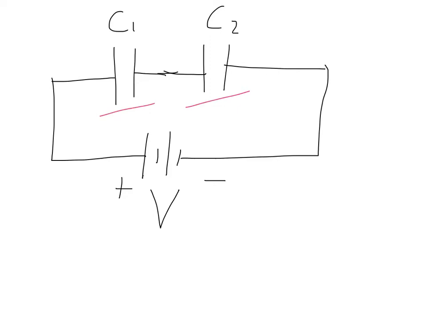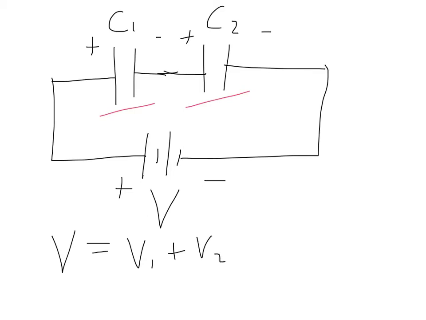So what I can say is that V total, or the source voltage, is equal to V1, it's the voltage across capacitor C1, plus V2, which is the voltage across capacitor C2. So that's one relationship I have.